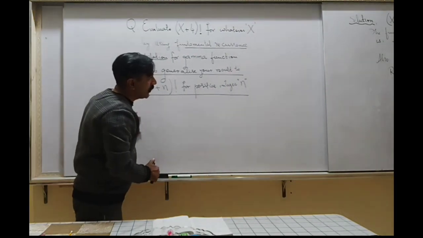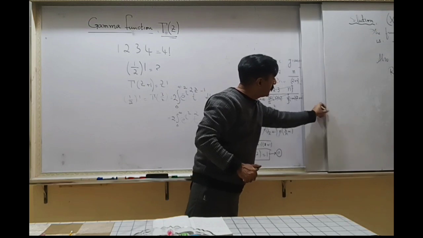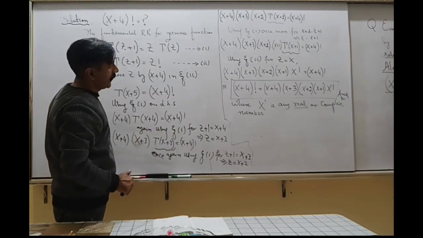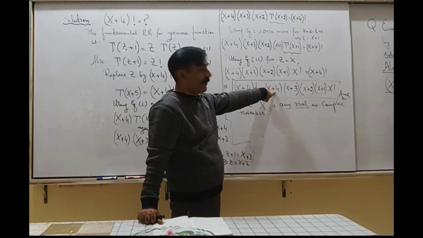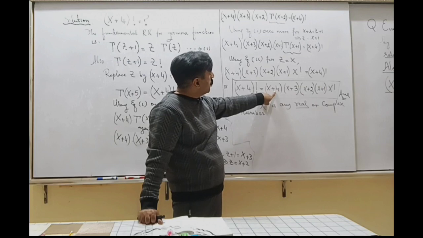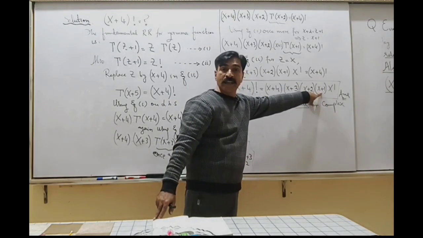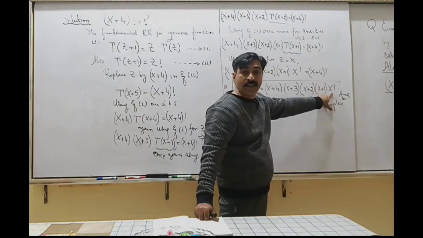So let's check how we can go to generalization. This is x plus 4 factorial and you start from x plus 4 and reduce 1 each time for the next factor and go up to 1, and in the end you have x factorial.